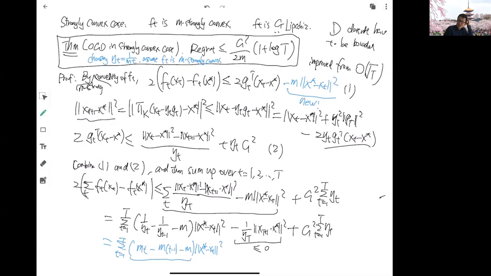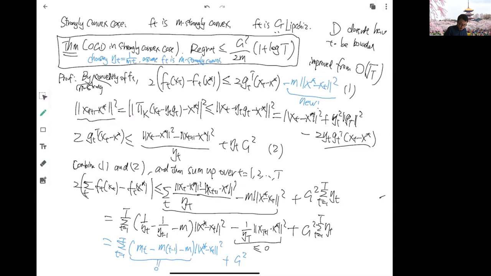Just a quick answer, either unmute yourself or write in the group chat. Excellent. So this cancels out and you get 0. And all you're left with is the last term, G squared, times the sum of this over the T iterates.